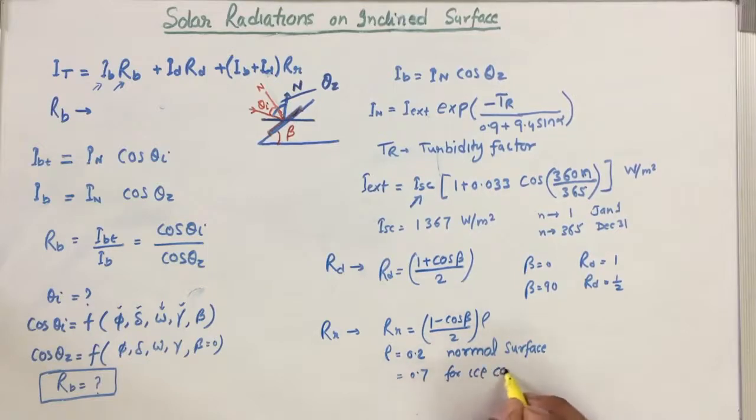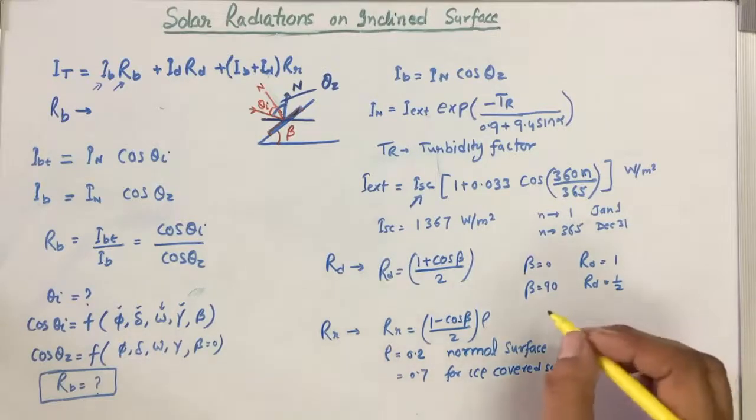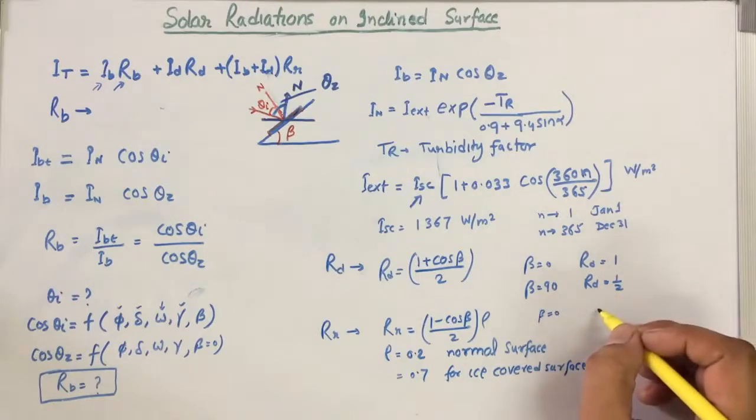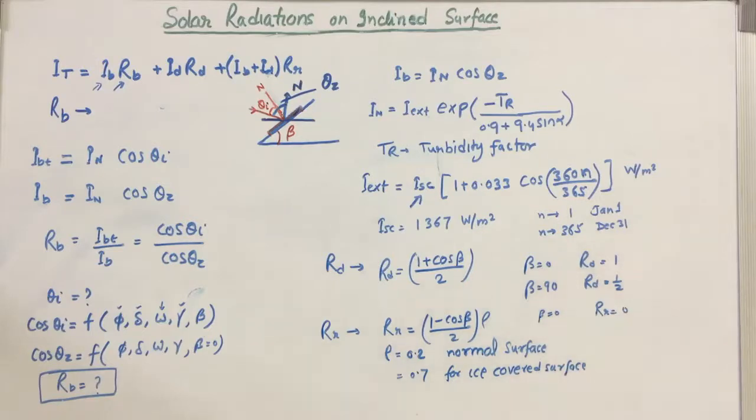So if our reflector is ice covered, the surface of earth is ice covered and reflecting the radiations, then rho is considered as 0.7. And for beta equal to 0, R is 0.